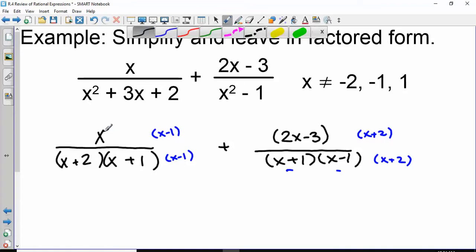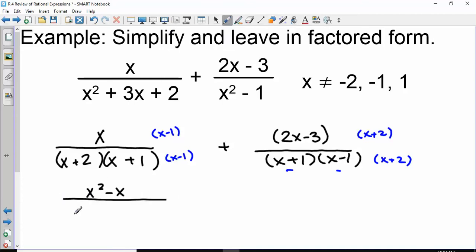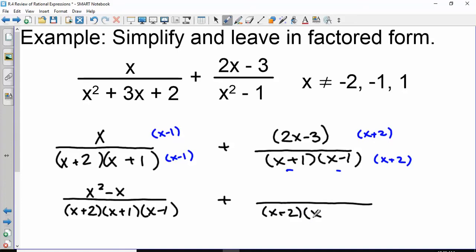So now if I'm looking at what I have left, multiply the top, distribute that x, so we get x squared minus x. On the bottom, I don't want to multiply this out, I'm just writing all three of them. We have an x plus 2, an x plus 1, and an x minus 1. Plus, second one. My denominators match. If I FOIL on the top, we get a 2x squared plus 4x minus 3x minus 6.